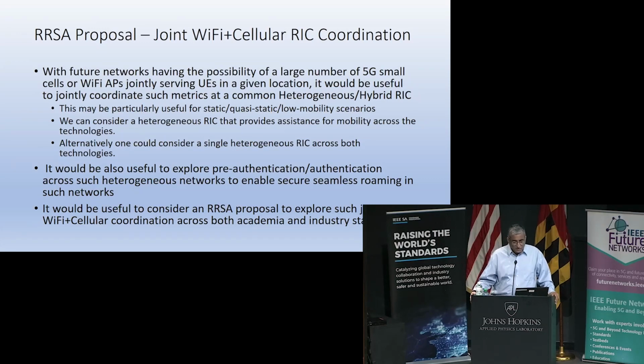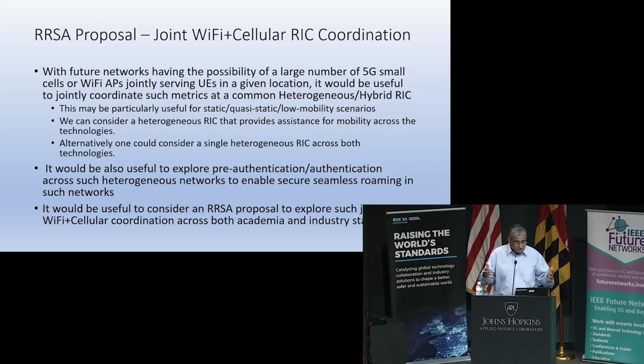And, as we go forward, especially with 5G small cells and Wi-Fi APs typically having similar ranges, coupled with maybe a 5G or 4G macro cell in FR1, and the 5G small cells operating in FR2 potentially, all of these technologies could be serving a particular location.